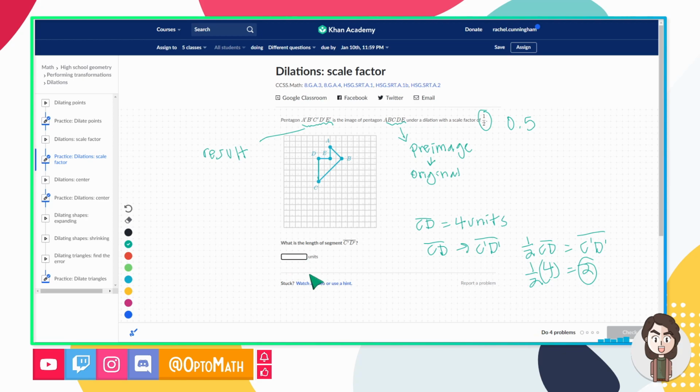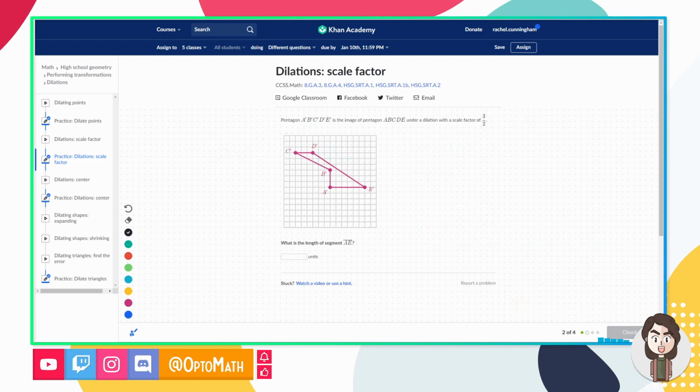You might have done that in your head, but I also wanted to show you how to write that. It's going to be 2 units because we're getting half as big, and the original side length we were looking at was 4 units. So let's check. And we are good.